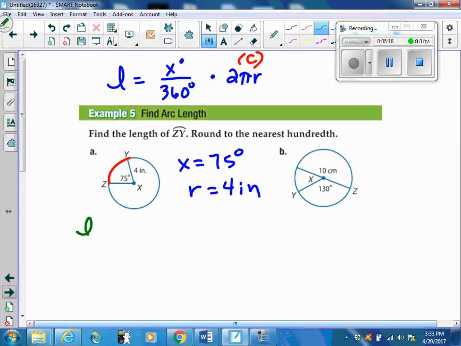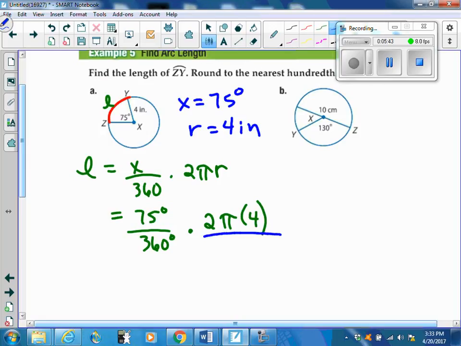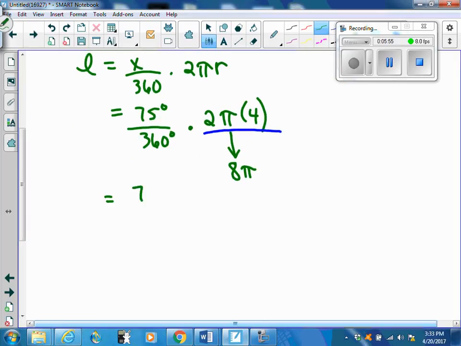So for my equation, again, it's the arc length, this is L right here, x over 360 times 2 pi r. That's what I'm going to put in there. I've got my x is 75 over 360 degrees times 2 times pi times 4. Now you could simplify that a little bit. This would actually be the same as 8 pi. And so I have 75 over 360 times 8 pi.